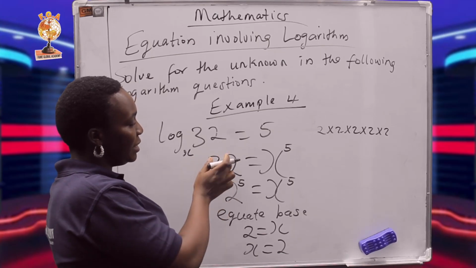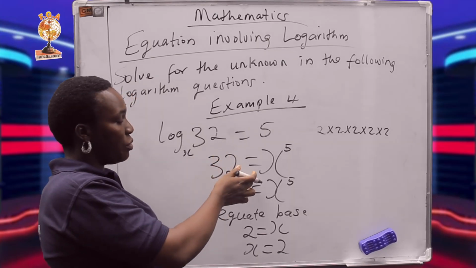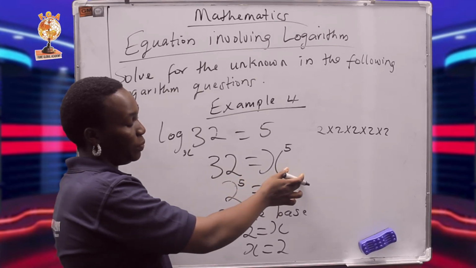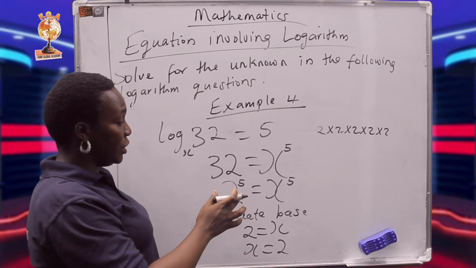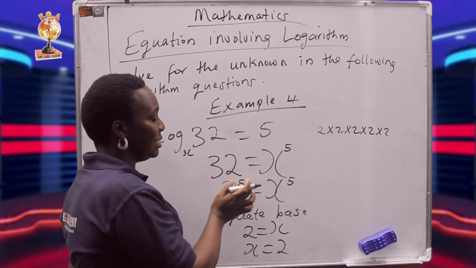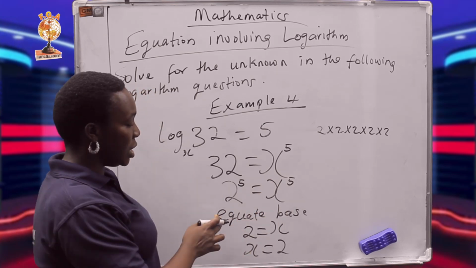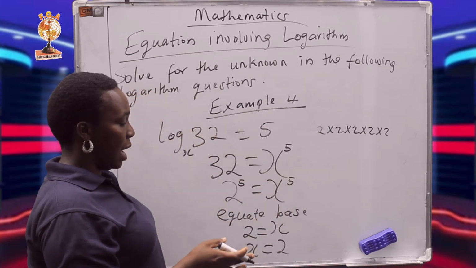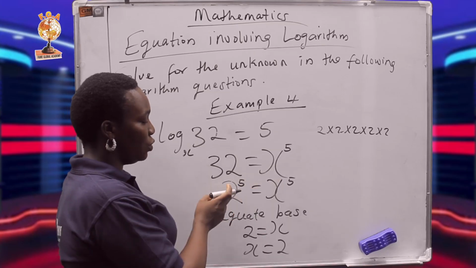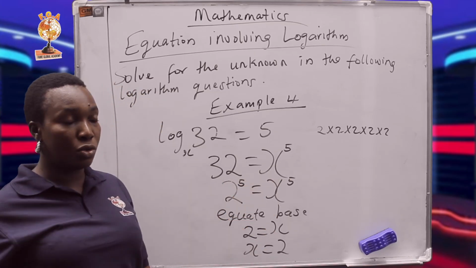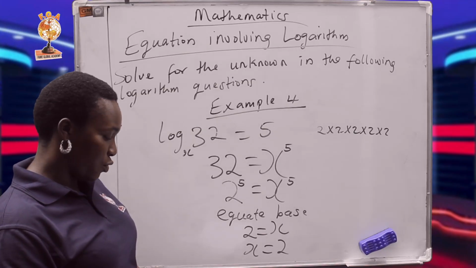So you now replace this 32 with 2 raised to the power of 5. And that will be equal to what? x raised to the power of 5. So immediately the two of them have exactly the same power, raised to the power of 5, raised to the power of 5, then you say what? Equate base. And what are the bases? 2 and x. So 2 is equal to x. And it also means that x is equal to 2. So that is that for example 4.